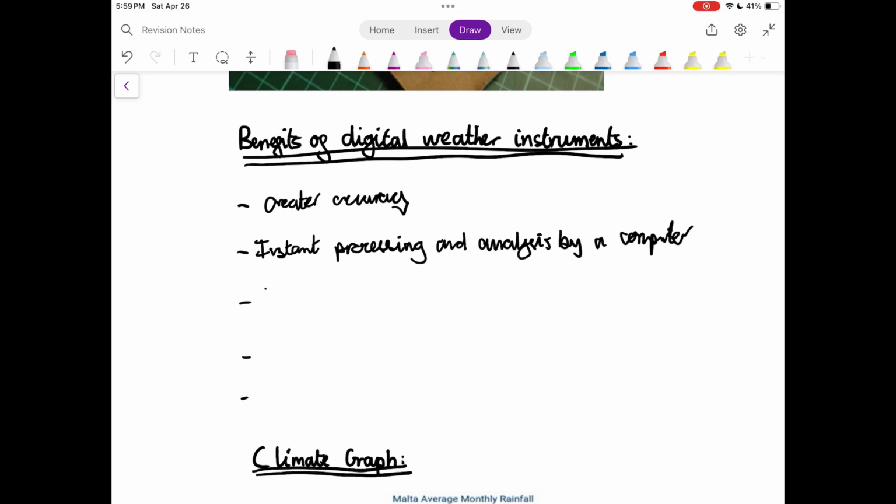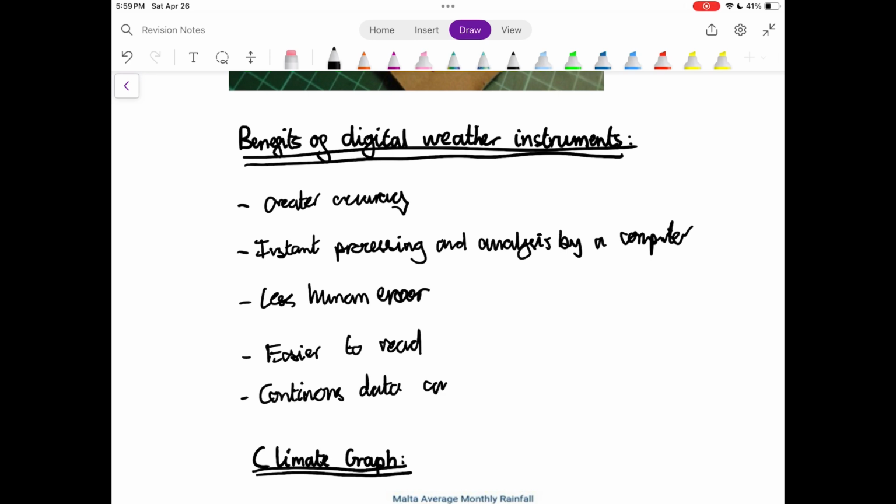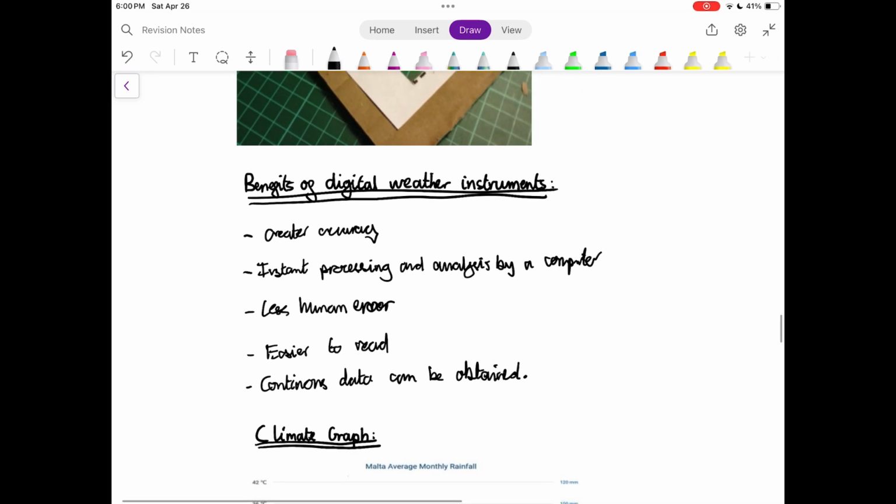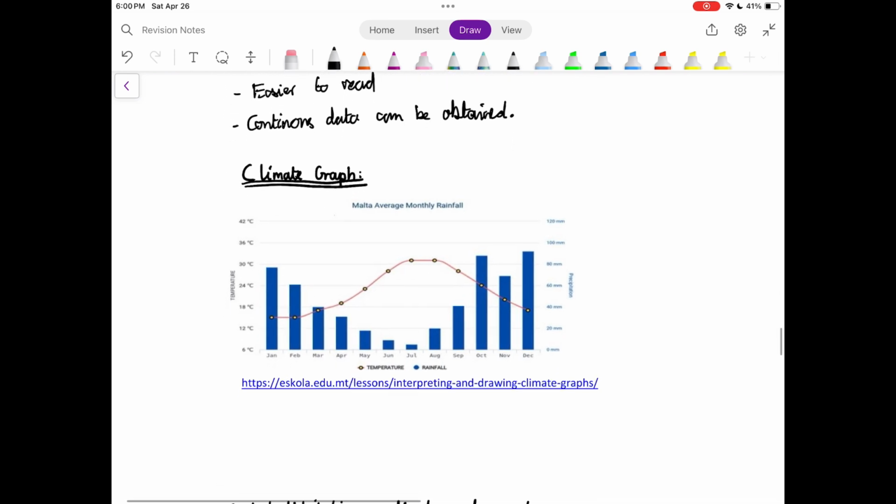There is also less human error, and it's also easier to read, and also continuous data can be obtained. Okay, so those are the benefits of using digital weather instruments.